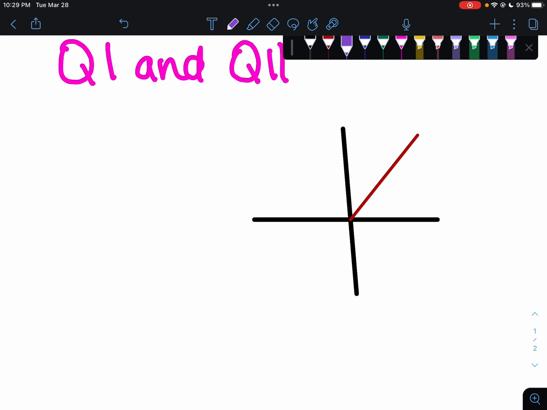They are angles in the same position, just with different degree measurements because they go around the unit circle more than one time. Currently, this right here represents pi over 4. But if I did one full revolution around, that is more than my angle, okay?